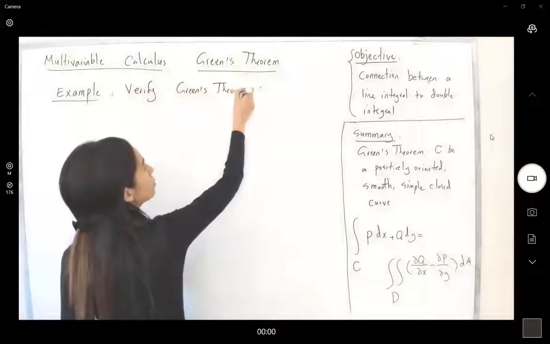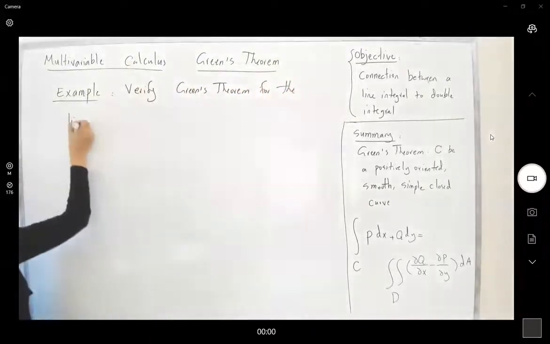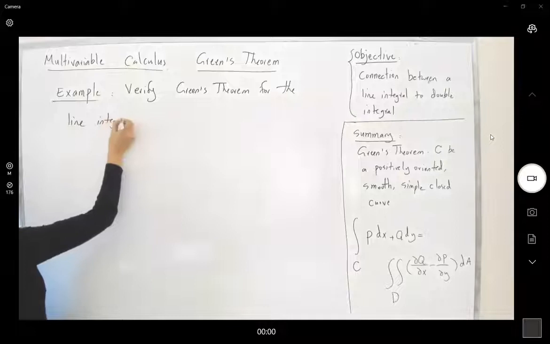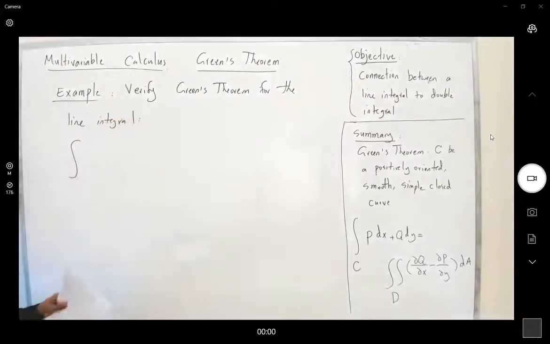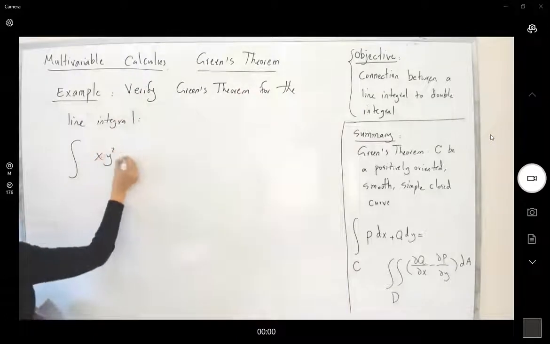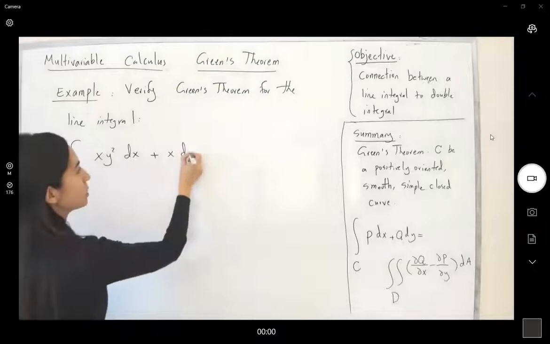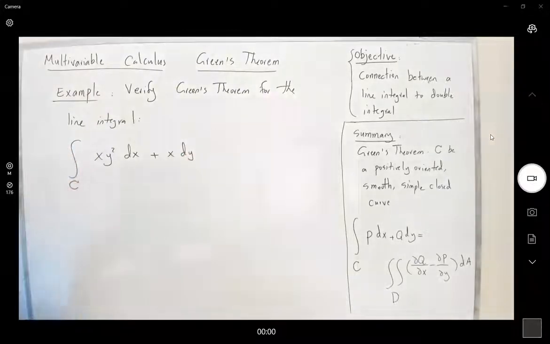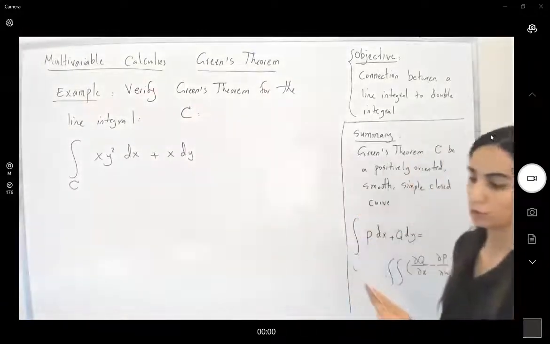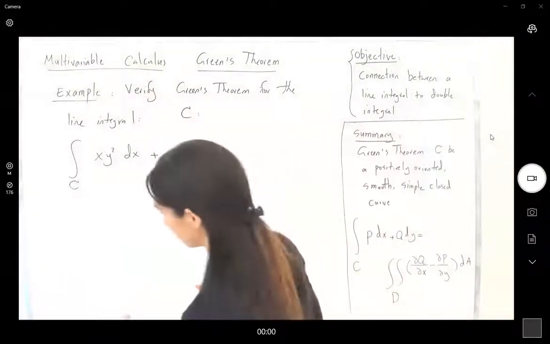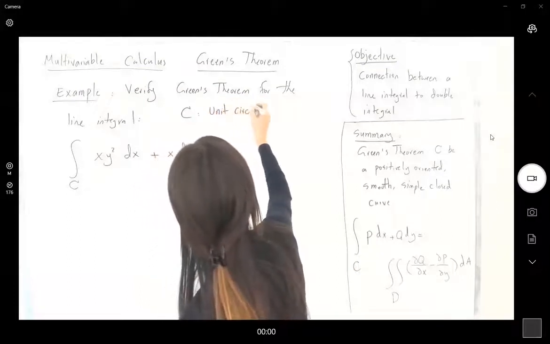So the line integral given to you is the integral of xy squared dx plus x dy over C, and C is the unit circle oriented counterclockwise. So C is a unit circle.